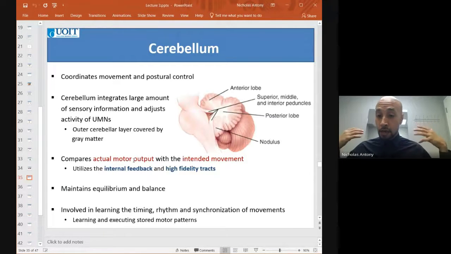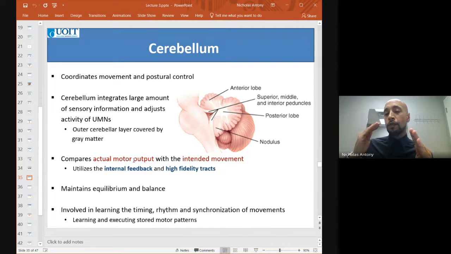The cerebellum isn't conscious, but we have information that comes from our proprioceptors as well as our interneurons that go back up to the cerebellum. The different tracts are sending information from all of our proprioceptors, and every time we flex a muscle, there's an interneuron that sends a signal back up to the cerebellum that we're contracting that muscle. And so the cerebellum compares our body position versus what muscles we activated.